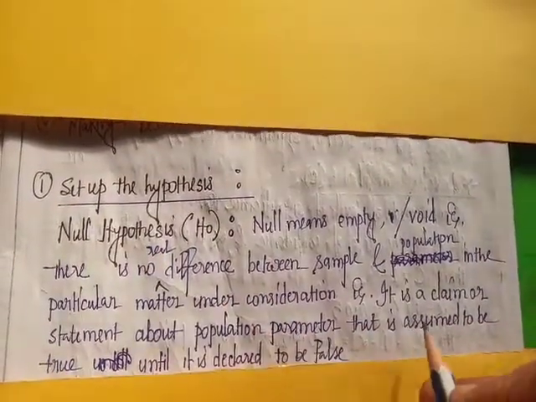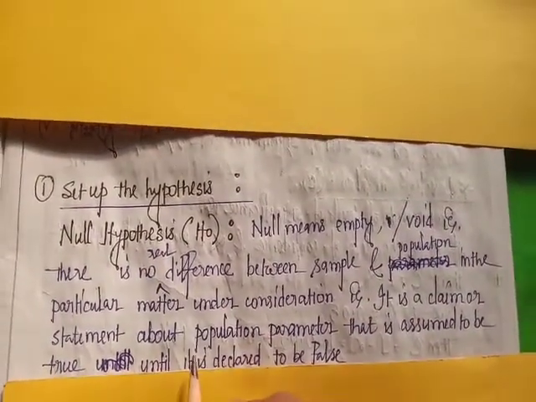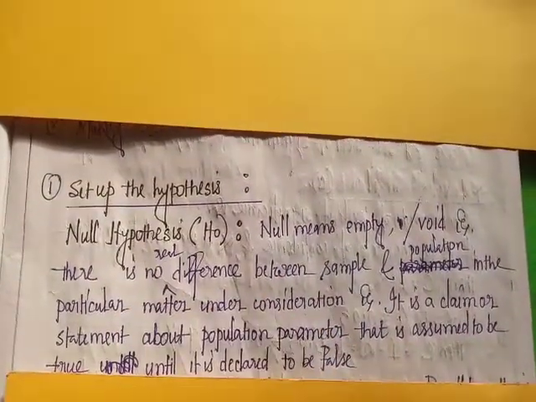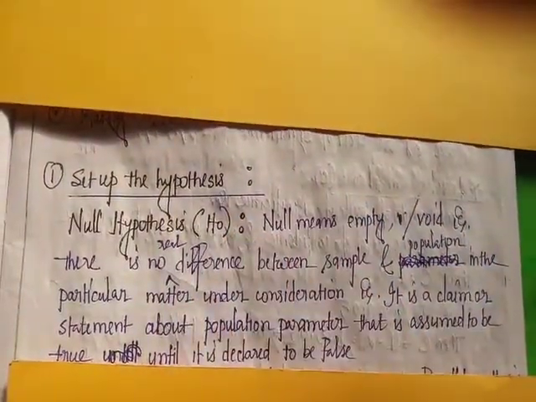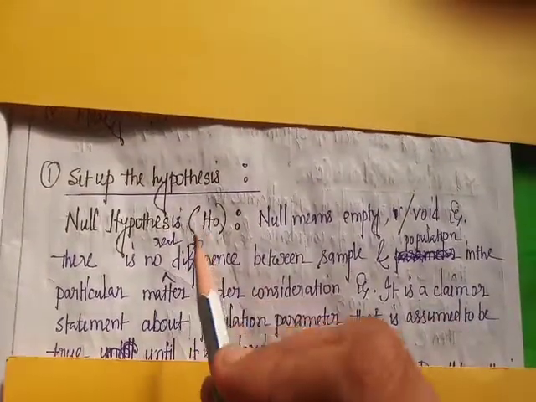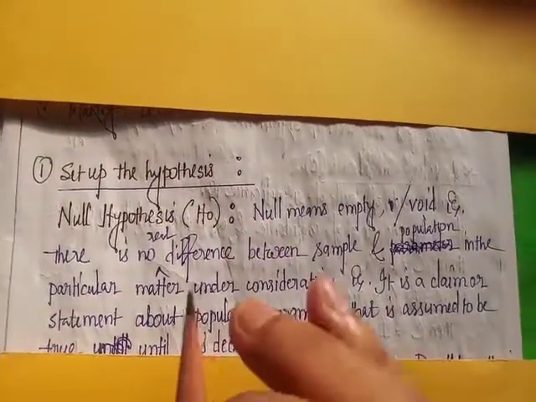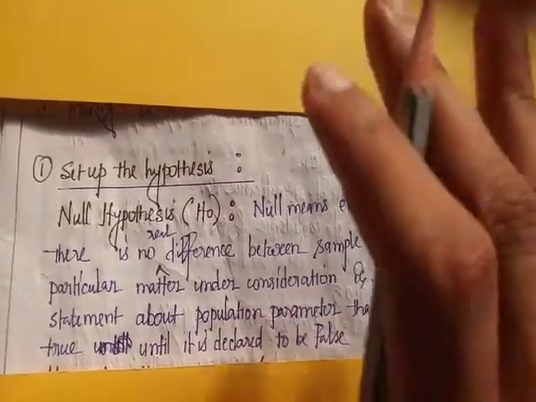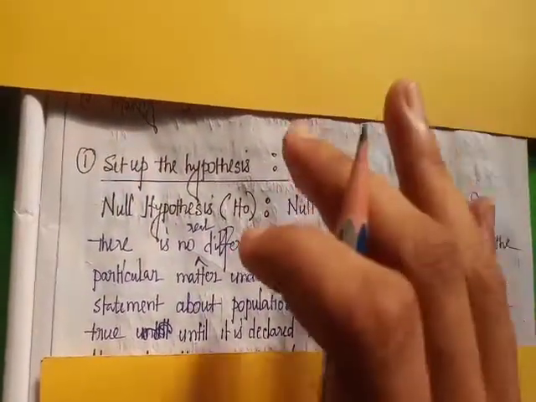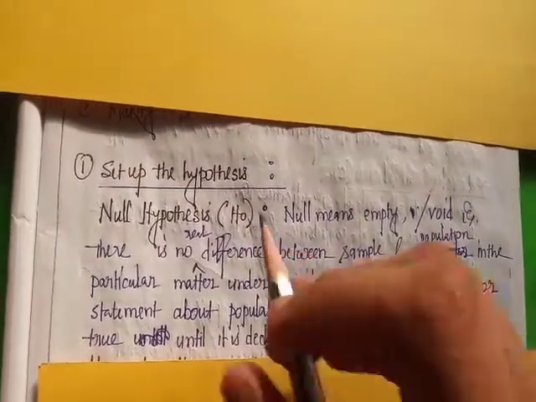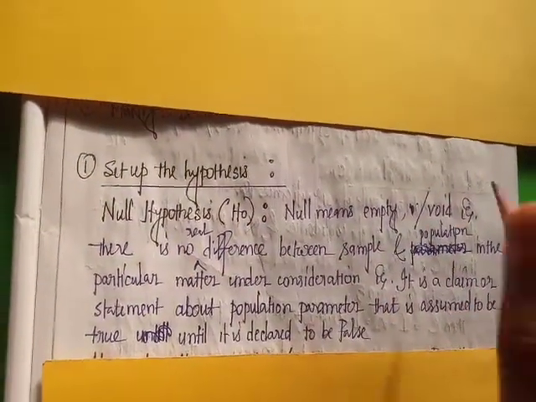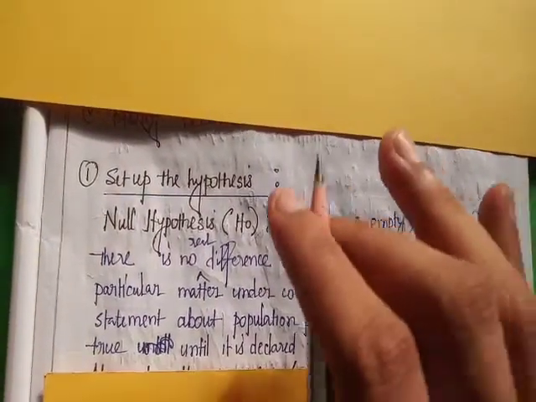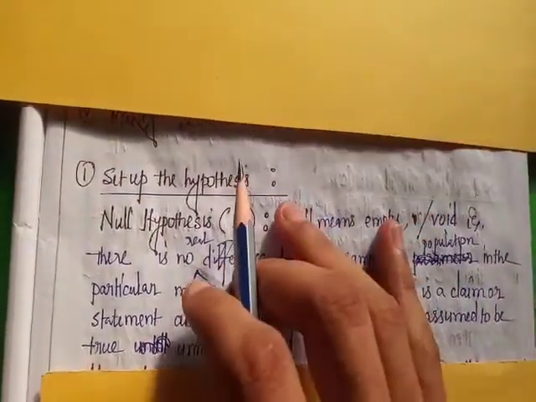We assume H naught, the null hypothesis, to be true until it is proved false. This is called null hypothesis.